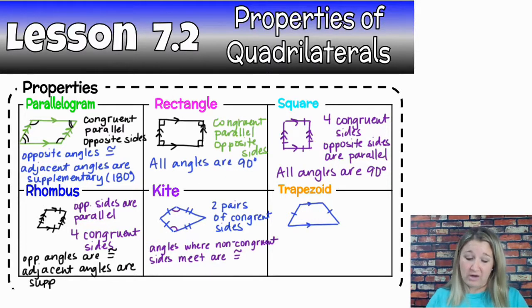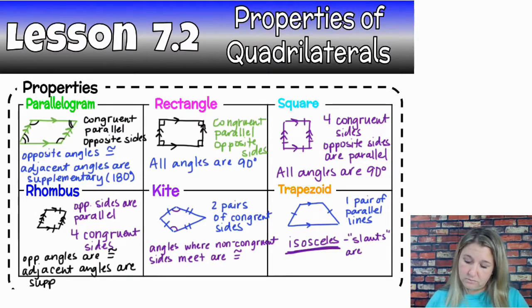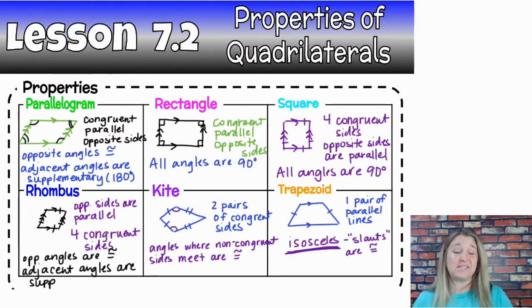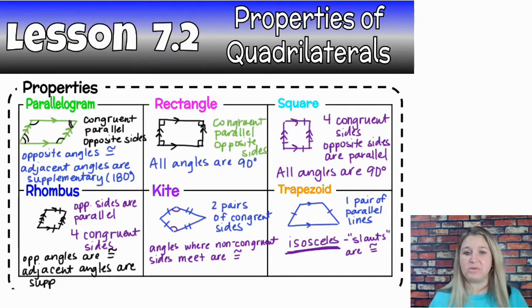So just one pair of parallel lines. And then for an isosceles, the two slants are going to be equal. That's only for an isosceles, not for every single trapezoid.